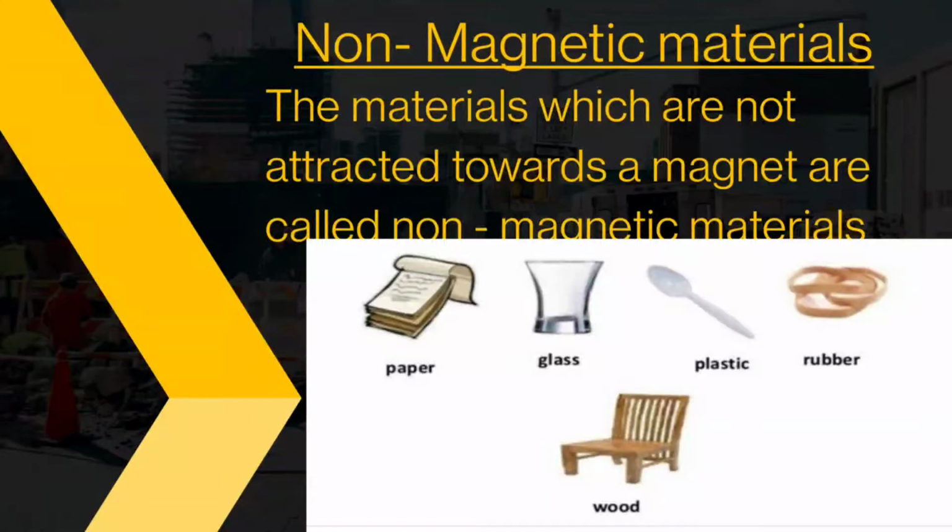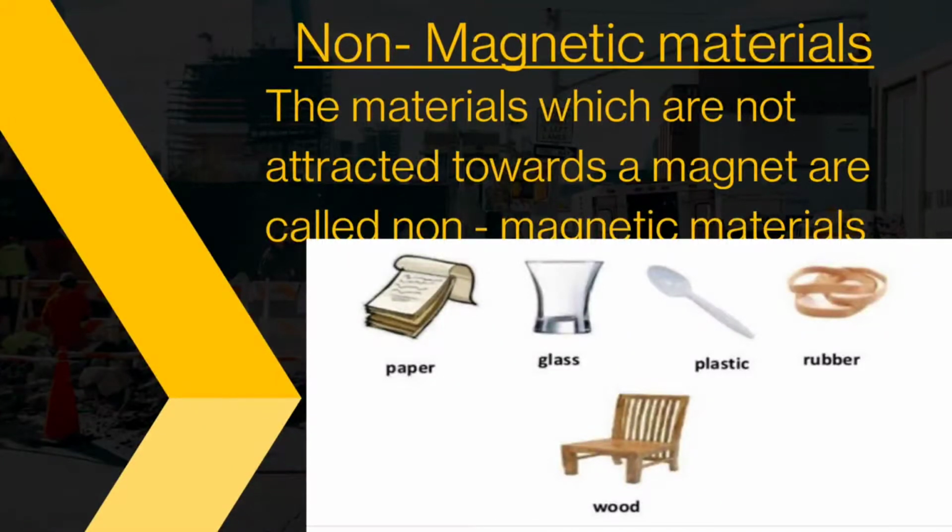First point for magnetic material: the materials which get attracted towards a magnet are magnetic materials. First point for non-magnetic material: the materials which are not attracted towards a magnet are non-magnetic materials.